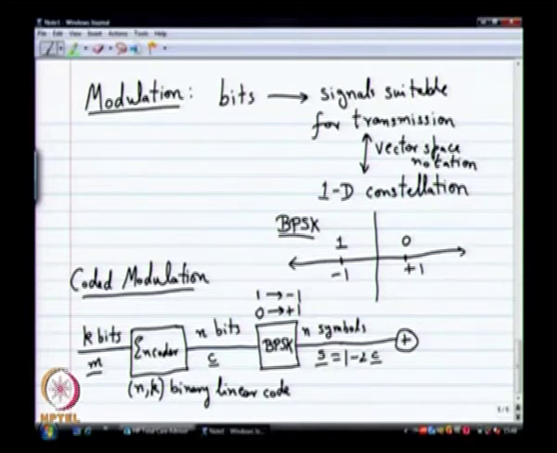So we will simply say sigma square. That will be my noise vector, which I will call Z. I will say this is distributed normal with mean 0, variance sigma square, IID.